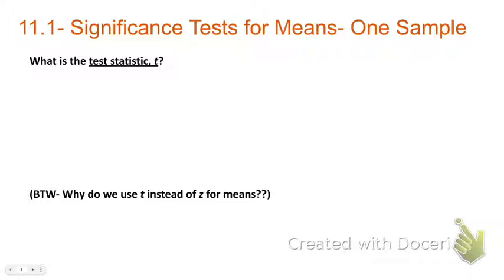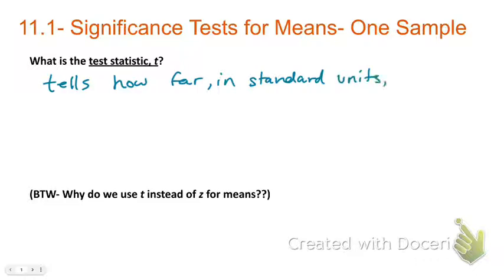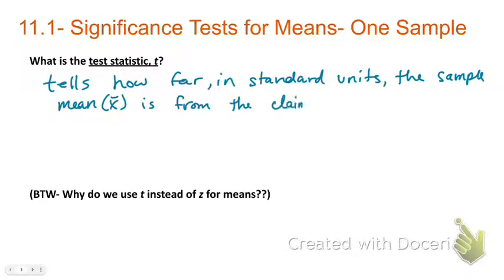The test statistic, T, tells how far, in standard units, the sample mean, which is X bar, is from the claimed mean.